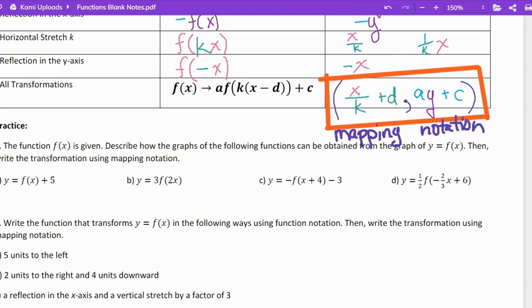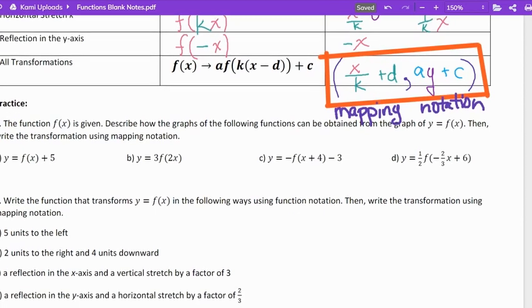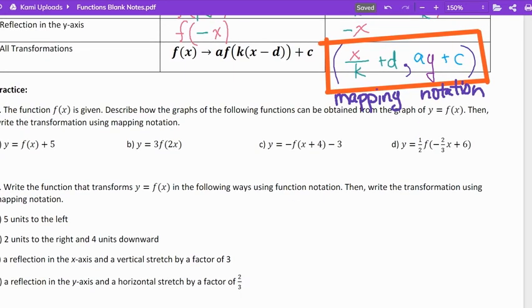This is how we come up with an equation for the transformations. Now, notice I didn't put any negatives in there. Where do the negatives fit into the mapping notation? Which letters? K and A, right? So if there is a reflection in the y-axis, you're going to put a negative in the K.